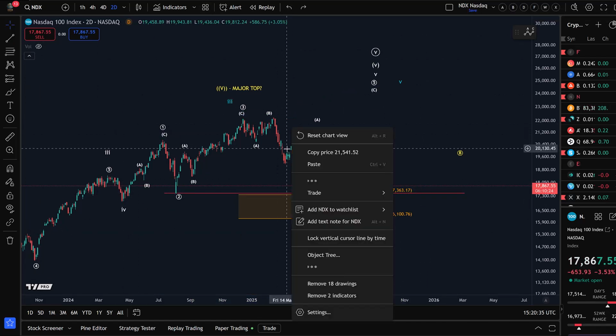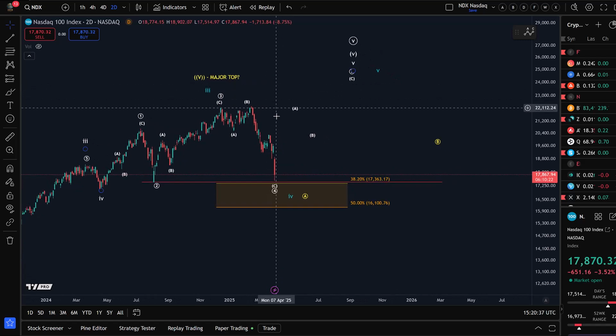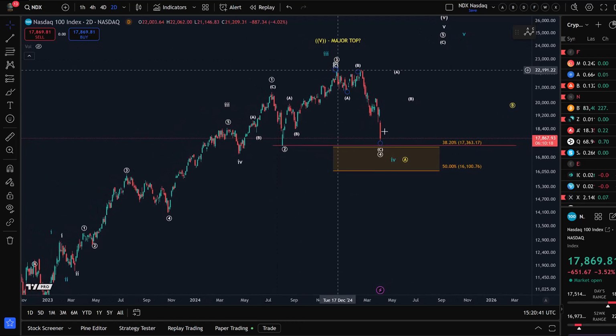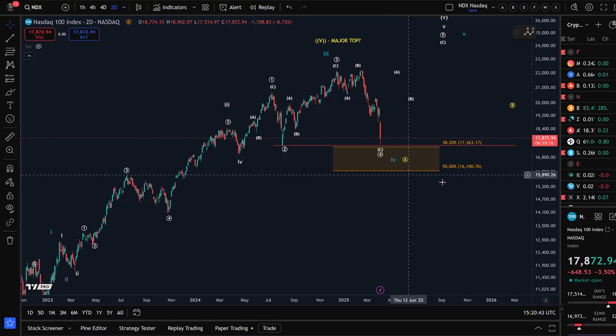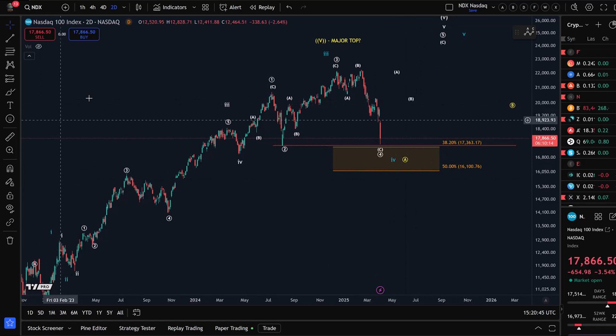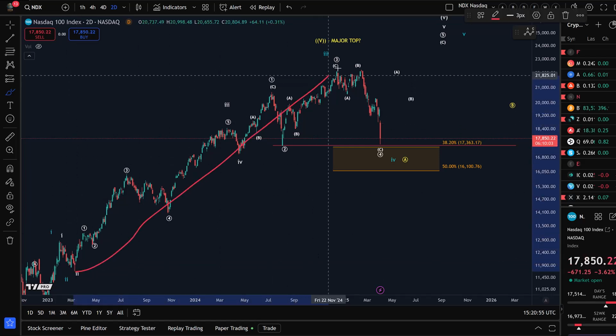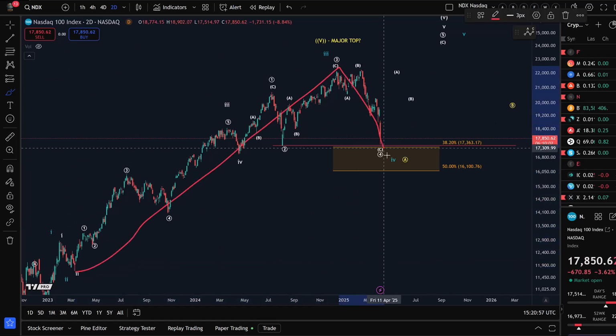Now, that opens the door to a few different interpretations. One interpretation is the blue scenario, in which we are just working on a larger wave 4. And in this scenario, we're dealing with a larger degree impulse to the upside from the 2022 low. All of this was a third wave from the March 23 low here, and we're now in a wave 4 pullback.